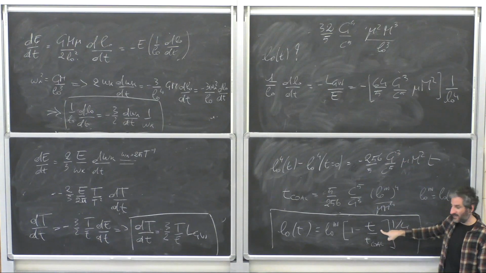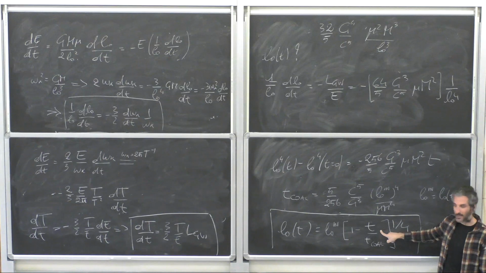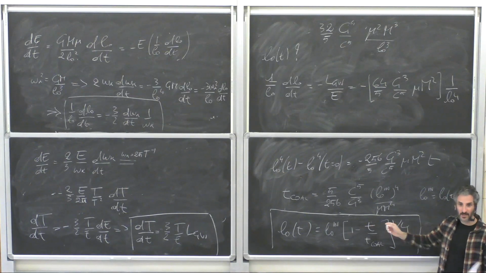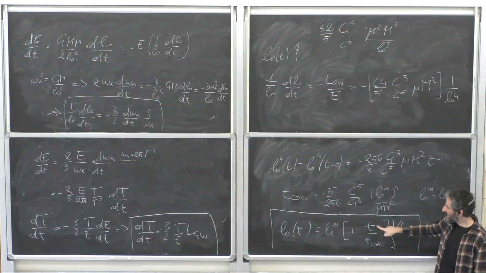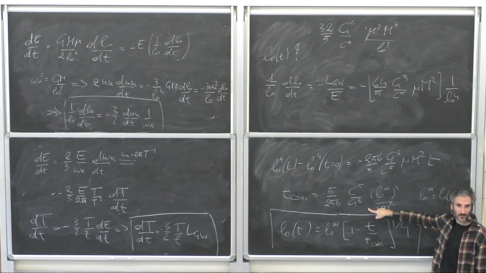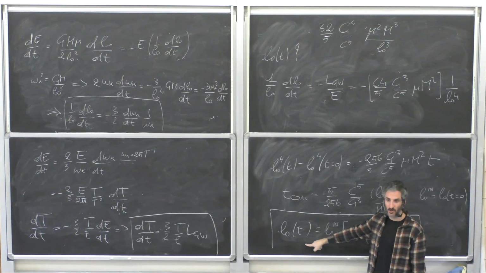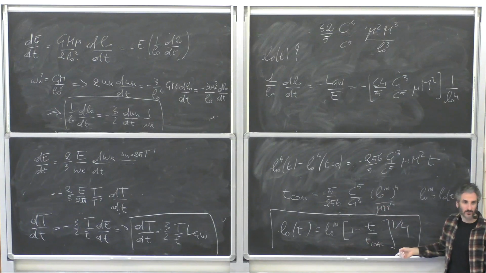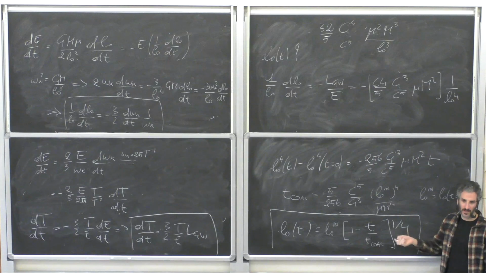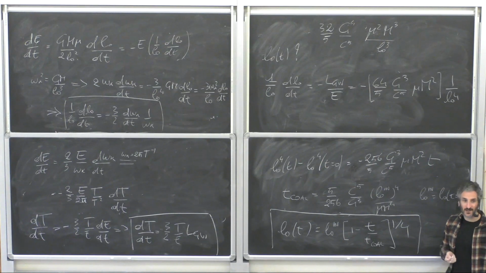And you see that as time passes, L0(t) becomes smaller and smaller, up to a certain point, because when t is equal to this value, which we can call t coalescence, the orbital separation goes to 0. Now, tomorrow we will see that while the orbital separation goes to 0, as you expect, the orbital frequency that now changes in time diverges.